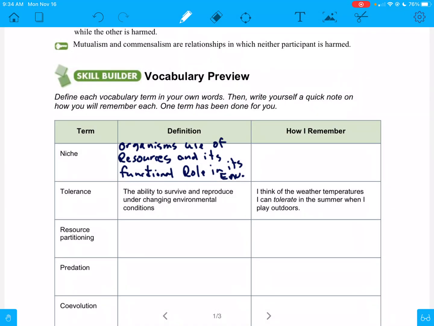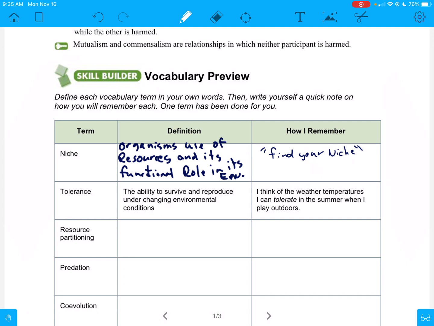So how am I going to remember this? Well, have you guys ever heard the term find your niche? We use that a lot of times when we're talking to people about what they're doing with their life and what their role is in society. So whatever your niche is.